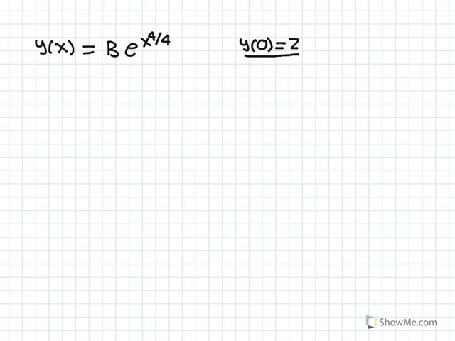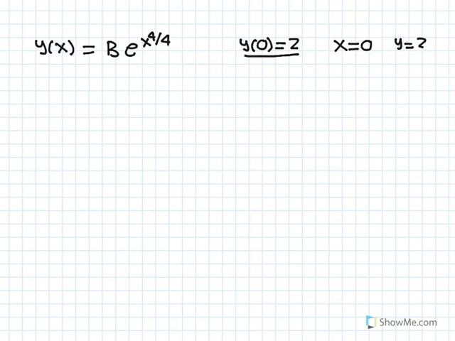So now how do we determine b? We have y of x equals b e to the x to the fourth over 4. At this step, we go to the initial value condition of the question, which is y of 0 equals 2. It's very important that we interpret this correctly. This means when x is 0, y is equal to 2.